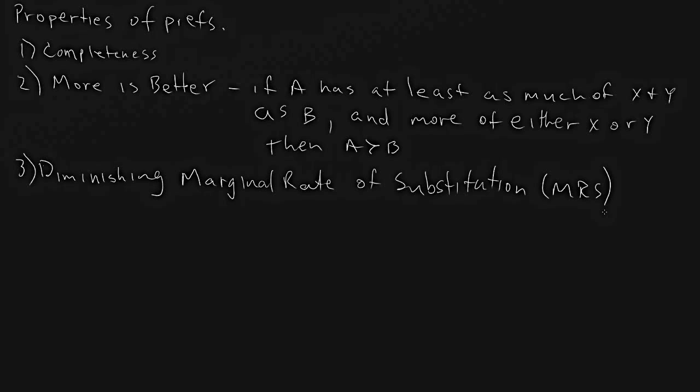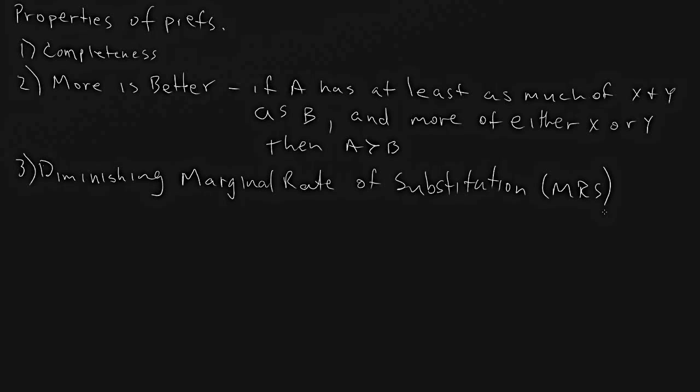So for instance, and we'll do an example of this in a little bit, if I have, let's say, Coke and pizza, if I have a lot of Coke and very little pizza, then I'm willing to give up a decent amount of Coke to get some pizza, that first piece of pizza.